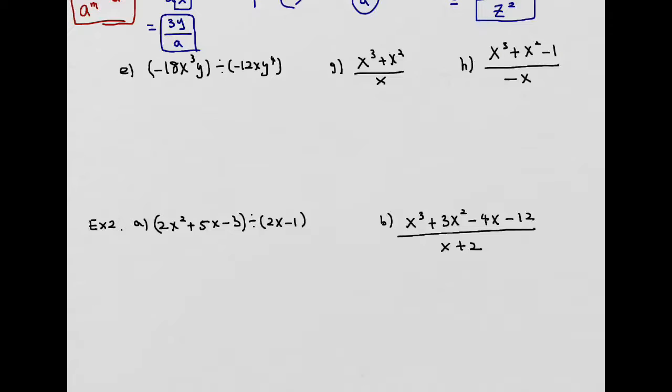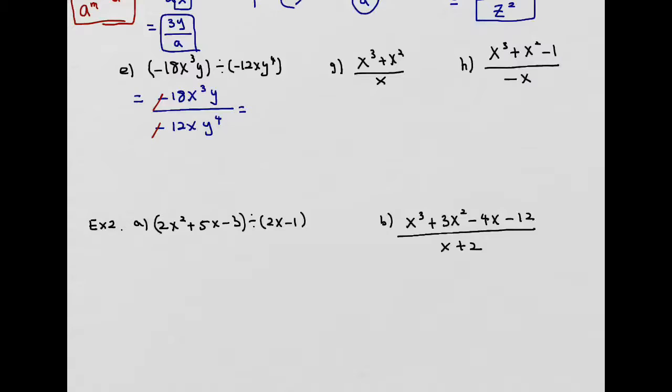The next example, we have negative 18x cubed y divided by negative 12x y to the fourth. This is a division problem, but at the same time, we can rewrite this in fraction form. Once we do that, we know that we can cancel out negative, negative.